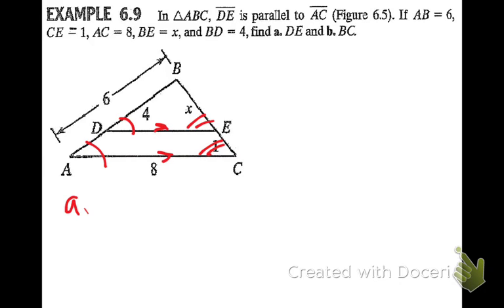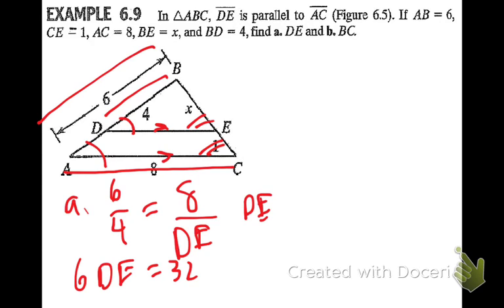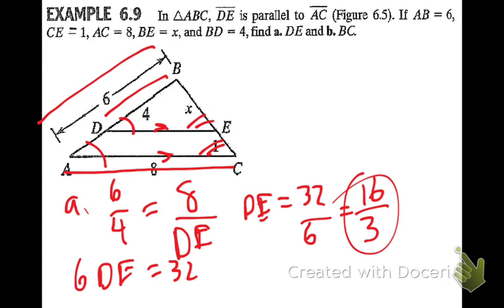So the short side, this 6, is to 4 as this side 8 is to DE. We'd cross multiply. We get 6 DE equals 32. So DE equals 32 over 6, or 16 over 3.